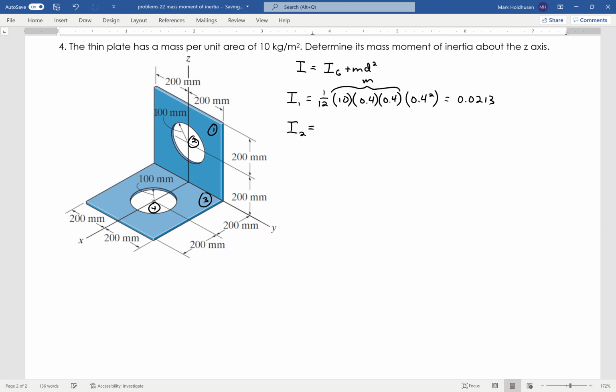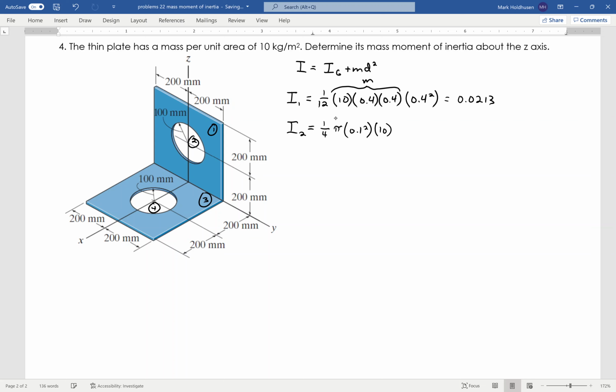So I just look it up for a disk that you're flipping as opposed to rolling, and you get 1/4 mr squared, where m is the area, which is pi r squared, times the 10.